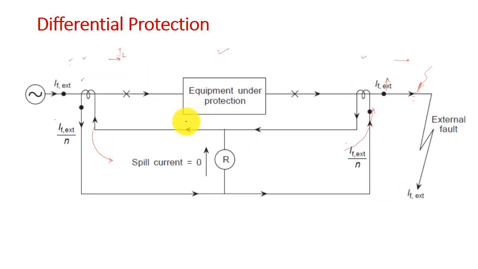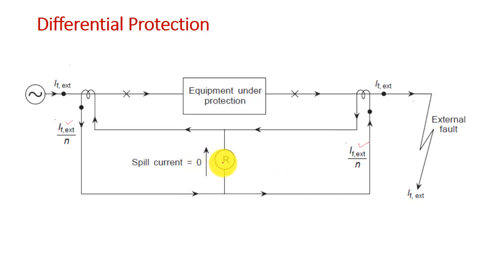Now, suppose we consider an external fault, as I told. The external fault happened here, outside the two CTs. Similarly, if we find the current in the CTs, here the CT current will be If external by N, and here the CT current will also be If external by N, and both currents flow in the same direction.